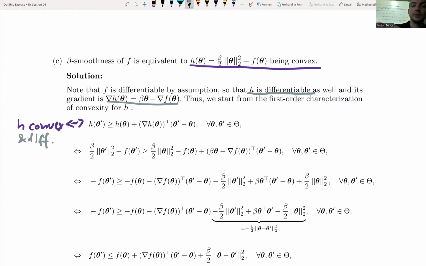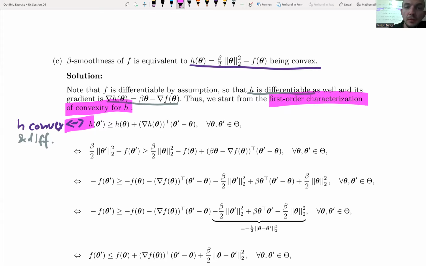So the first order characterization is implying that this here holds true. So the first order Taylor approximation of h is an underestimation of h. So this linear term here on the right-hand side with respect to the theta prime is globally underestimating the function h.